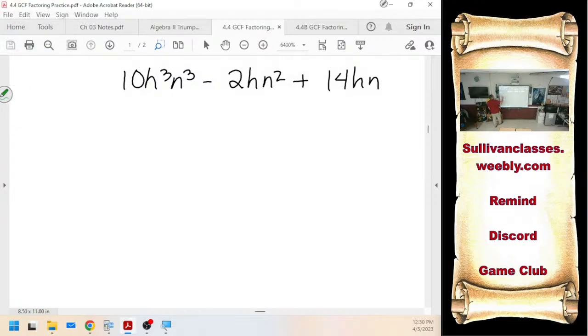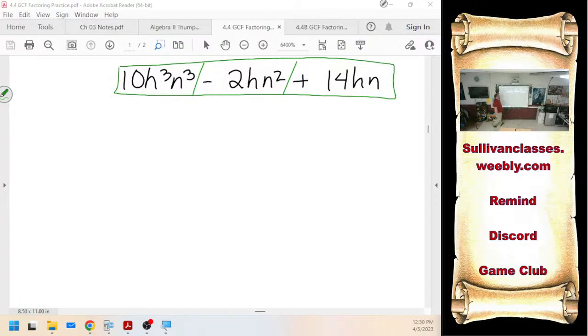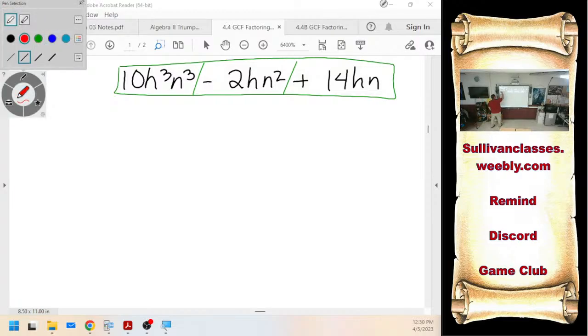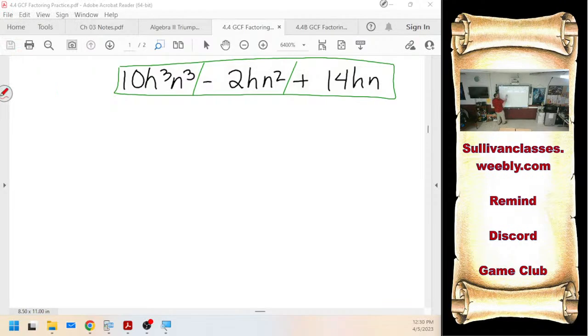So, the first thing that we do is I'm going to separate my terms so that I know what I'm breaking up. 10. Just 2 and 5.